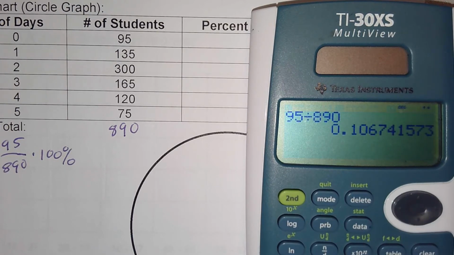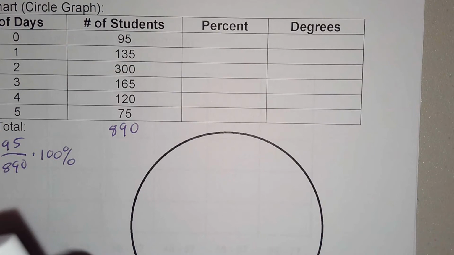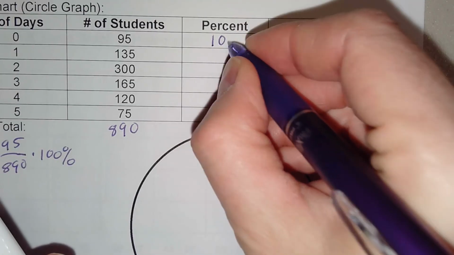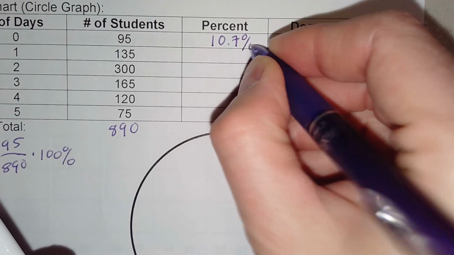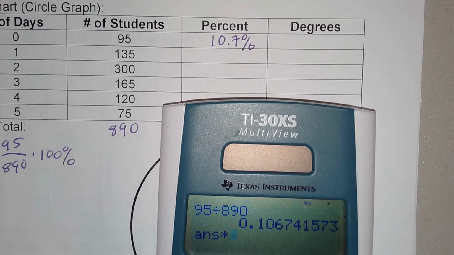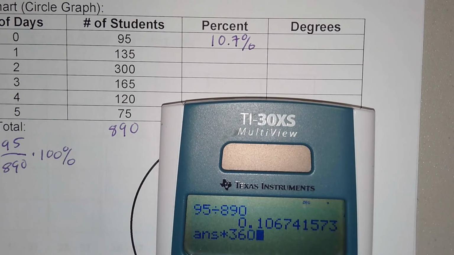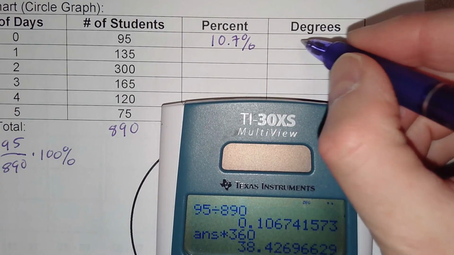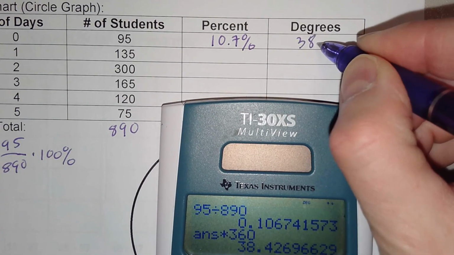So that's about 10.7%. We're going to multiply that by 360, and that's about 38.4 degrees.